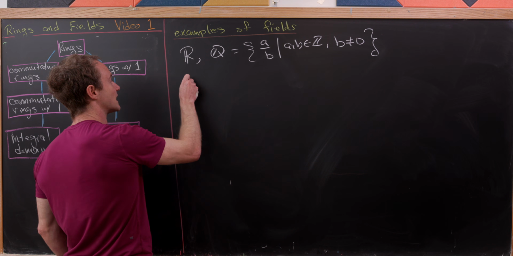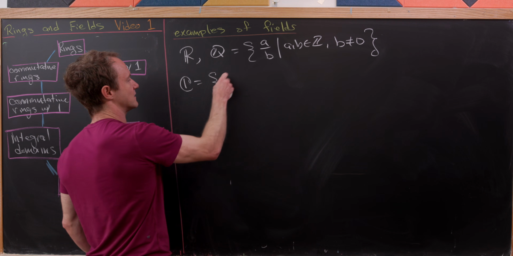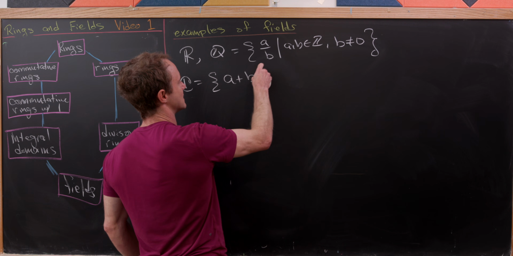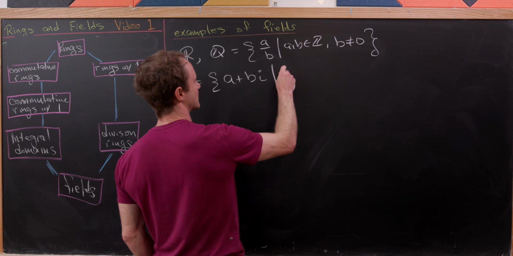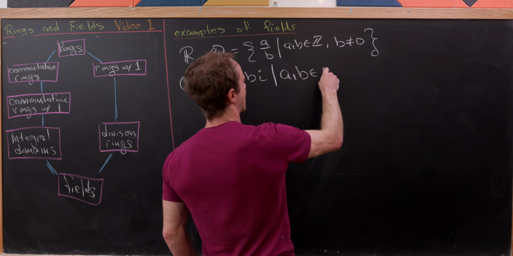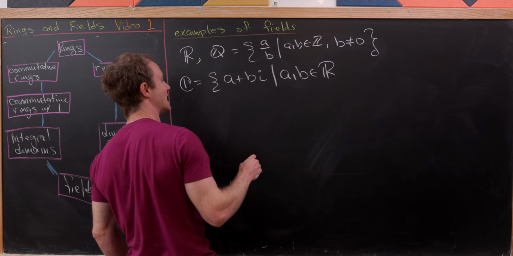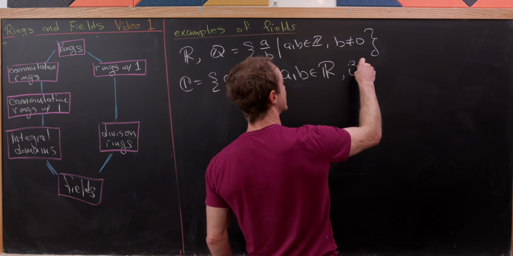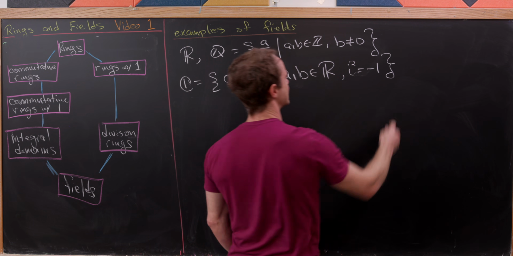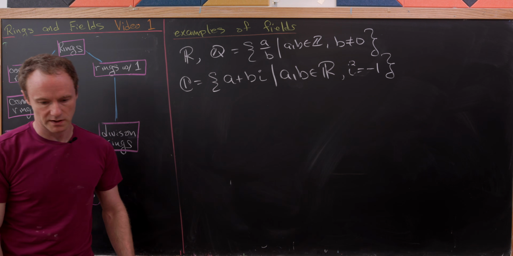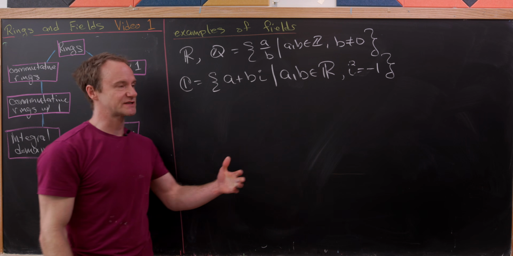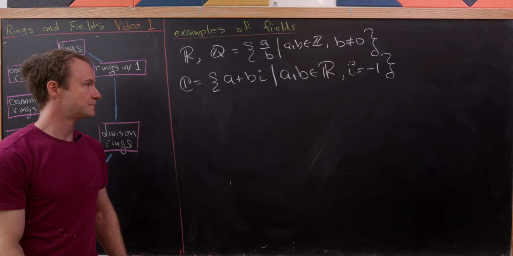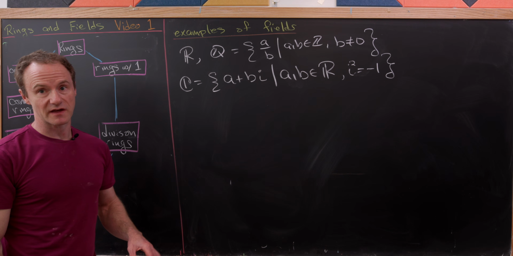That's kind of obviously a field. But then the complex numbers is also a field. And this is the first place where it might be a little bit less familiar. So here we have everything of the form a plus bi, where a and b are real numbers, and i is, well, the square root of -1. So in other words, i squared is -1. And so we can check that this is a field.